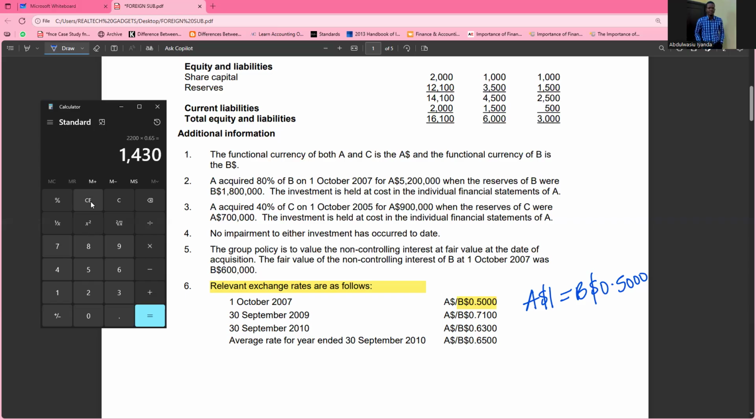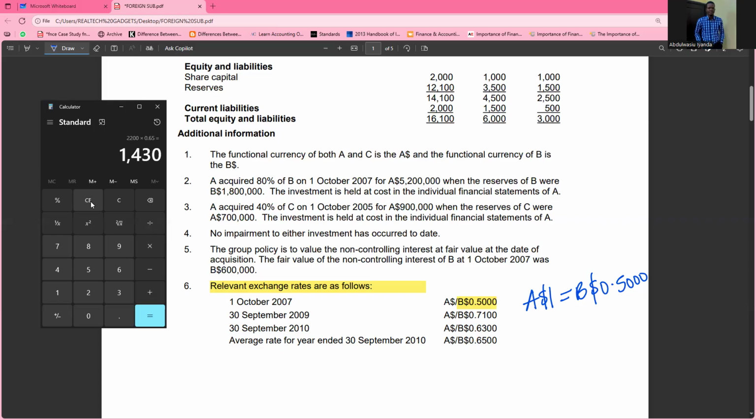For example, let's say I'm moving from dollar to naira. Dollar is more valuable than naira.